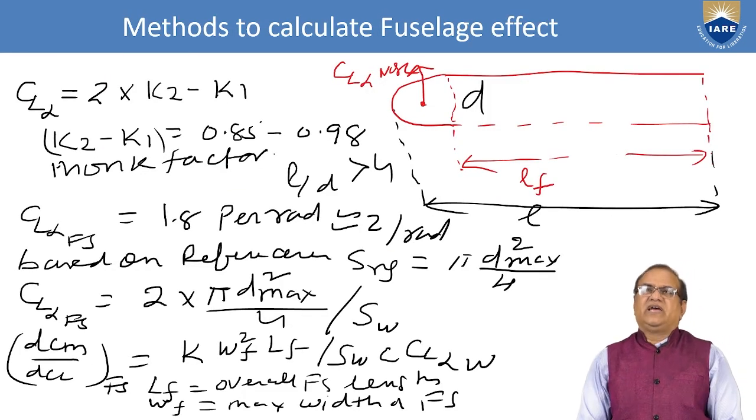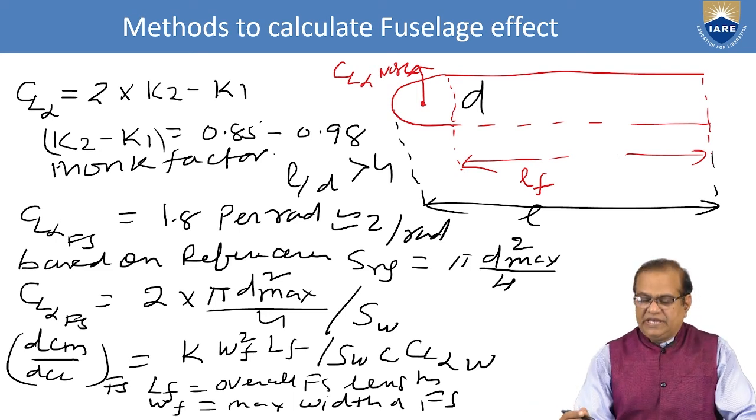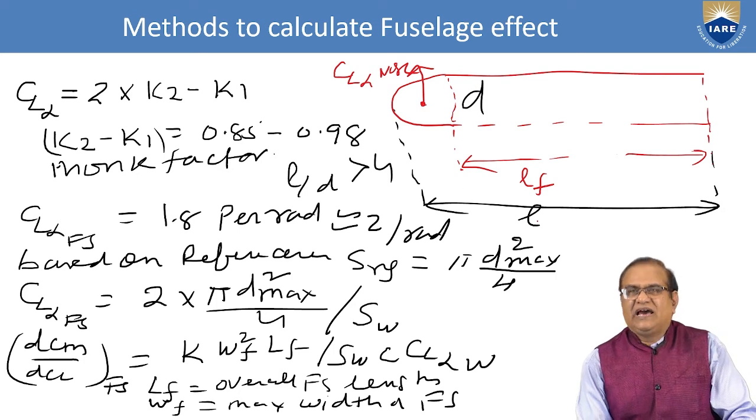Okay, now the methods to calculate the fuselage effect. Here this is drawn with total length L, and this is the maximum width D. This is the nose, and here is the CL alpha.